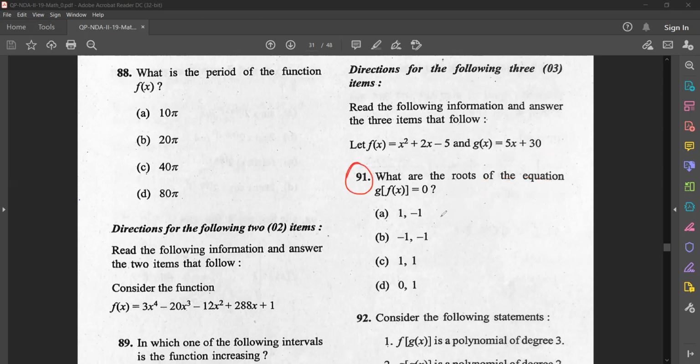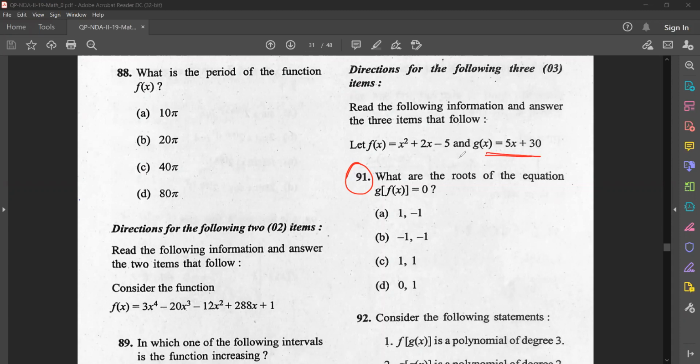So g of f of x. g of x means 5x plus 30.